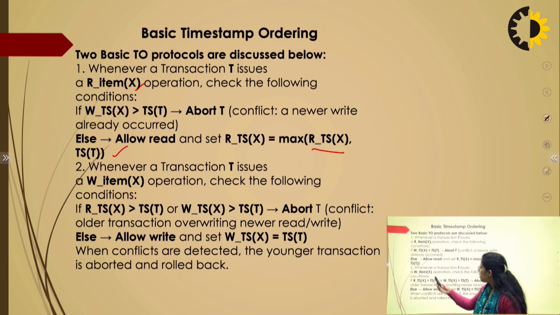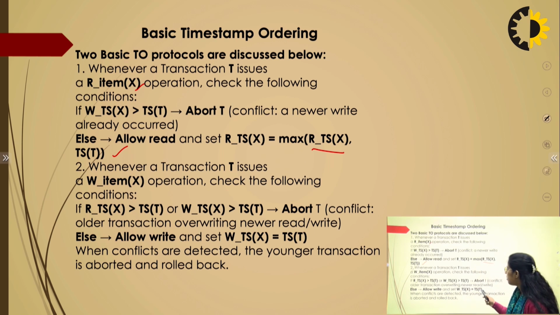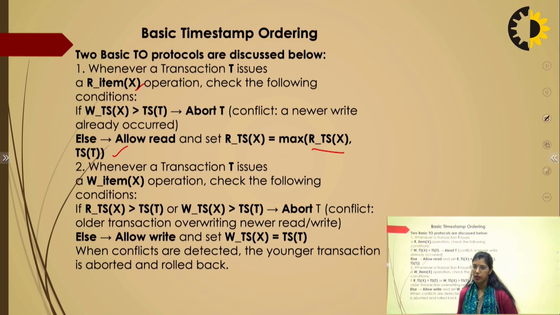The second condition is whenever a transaction issues a write operation, it checks whether the read or write timestamp is greater than the timestamp of T. If it is true, then abort the transaction, else allow the write and set W_TS(X) equal to TS(T). When conflicts are detected, the younger transaction is aborted and rolled back.